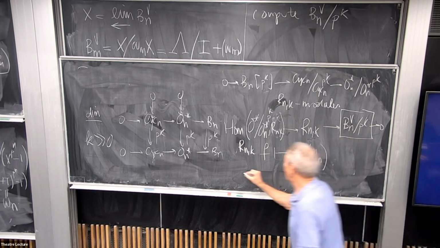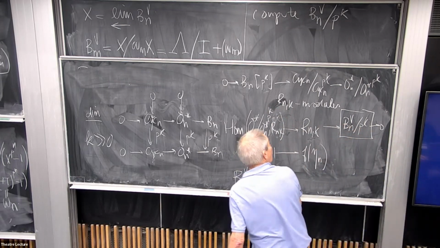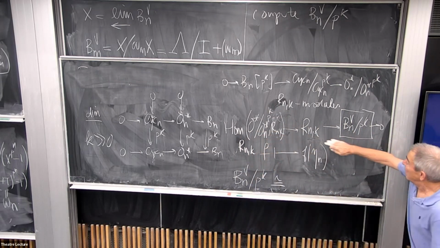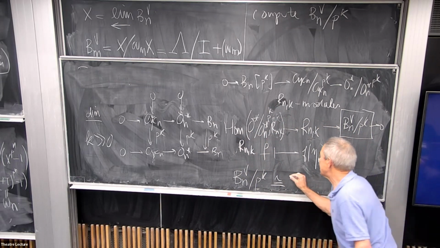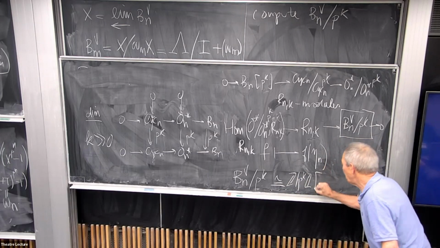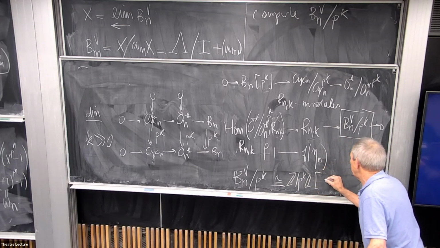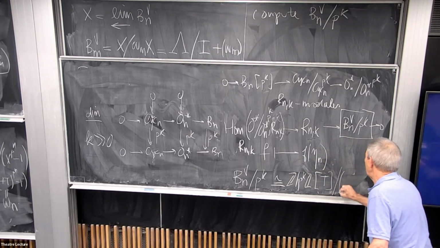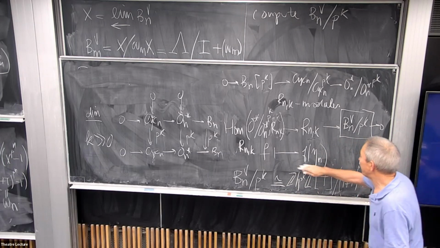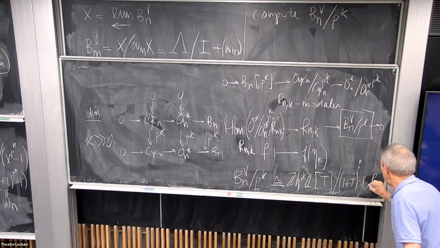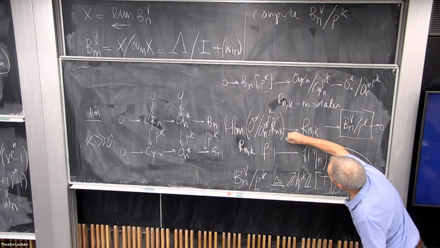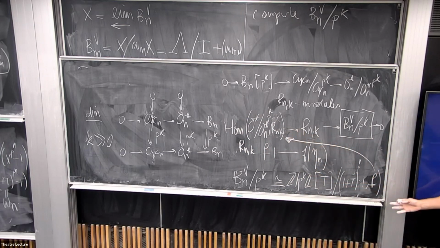So the description of my module is that Bn dual modulo p to the k is isomorphic to Rn,k modulo this ideal. And Rn,k is very explicit. You see, it is polynomials with coefficients modulo p to the k, t modulo 1 plus t to the p to the n minus 1, and then we have all these elements here. All these homomorphisms that come from there. That's the description.